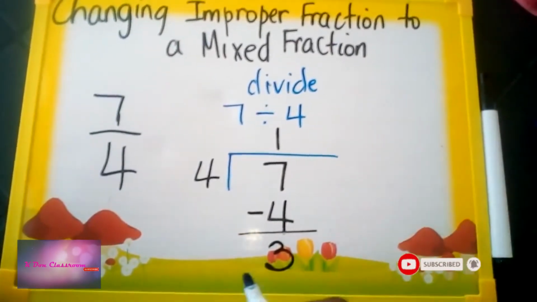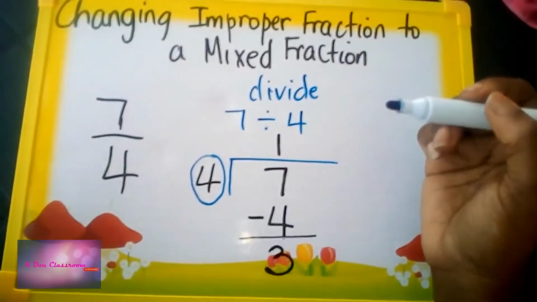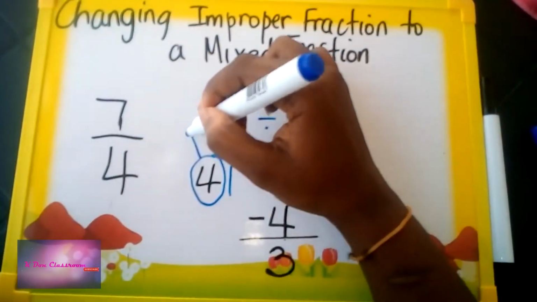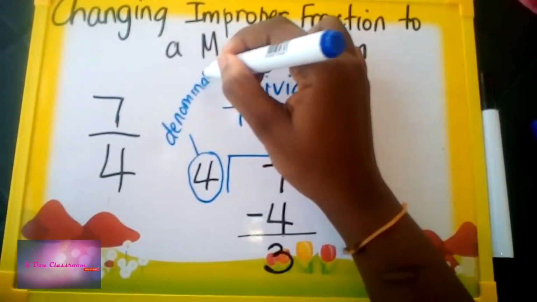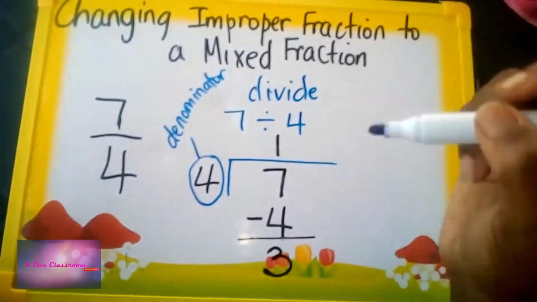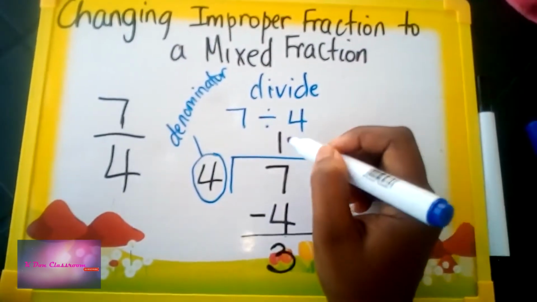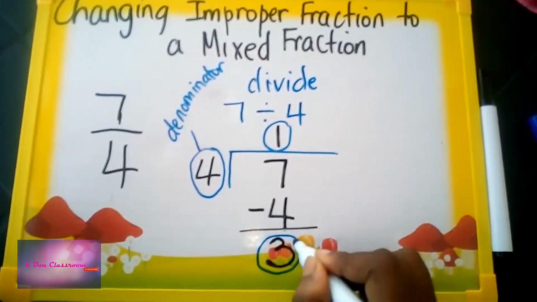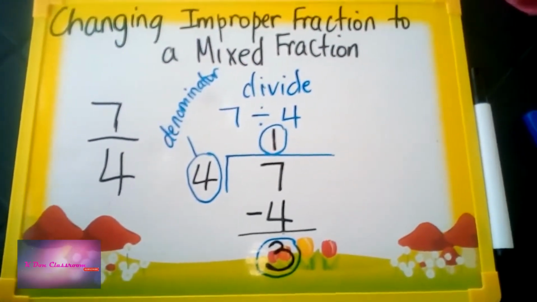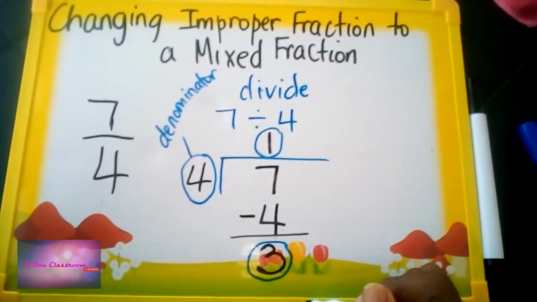Now we know that our 4 is our denominator. That does not change. So the 4 still remains as our denominator. But when we divided, we ended up with a 1 and we ended up with a 3.